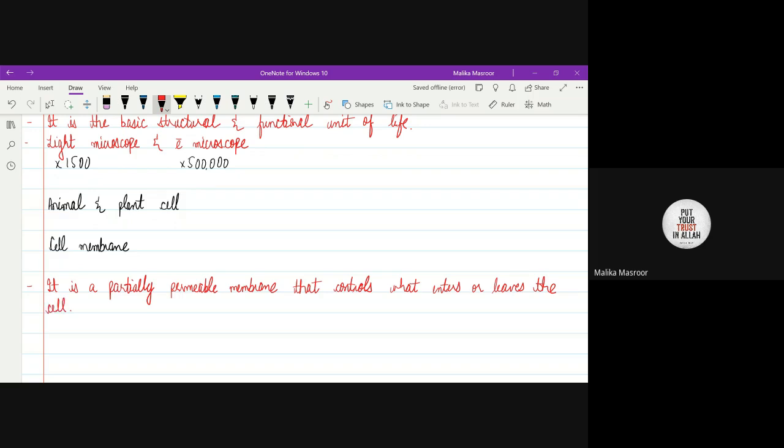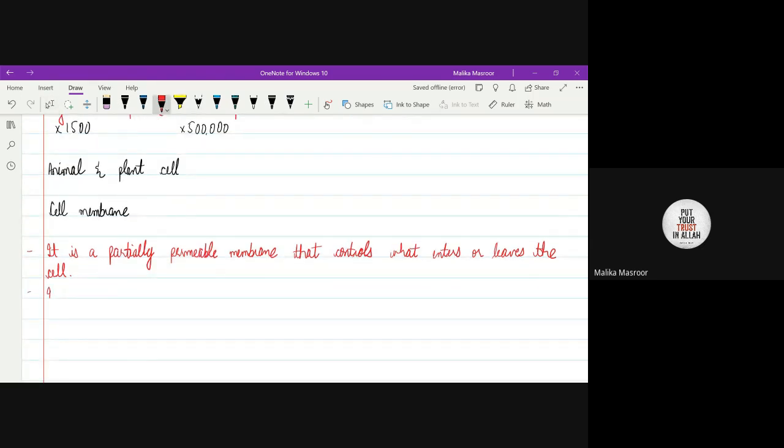It also basically separates the contents of the cell from its surroundings.